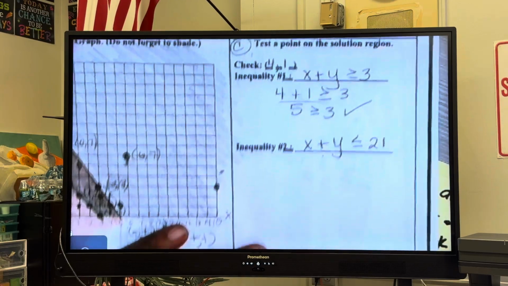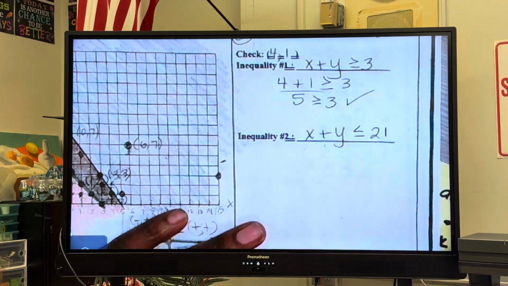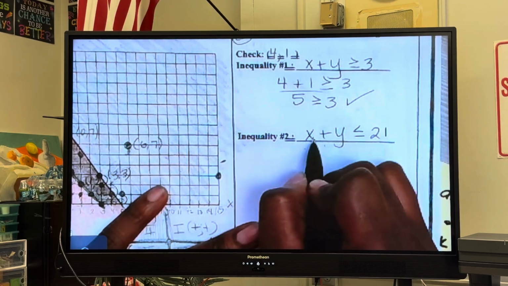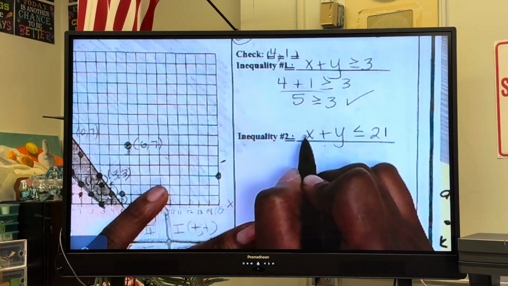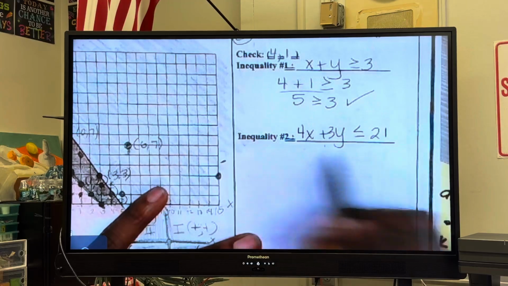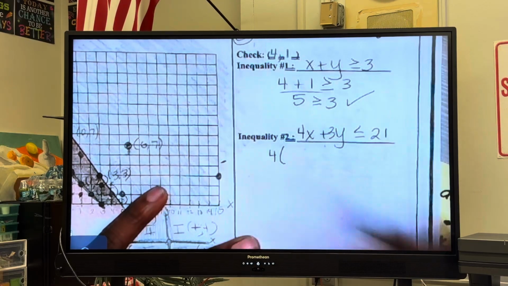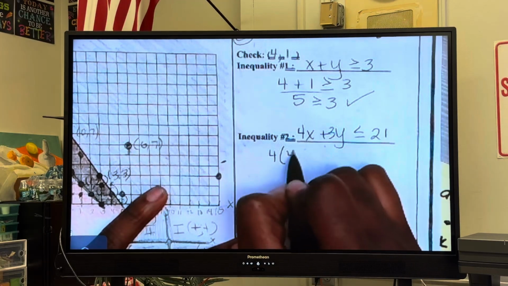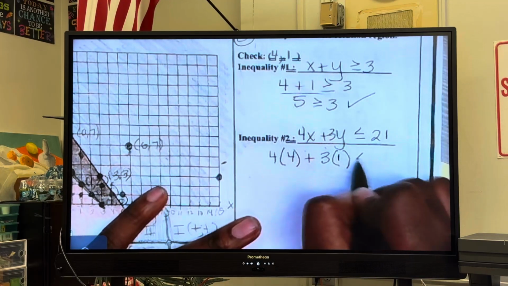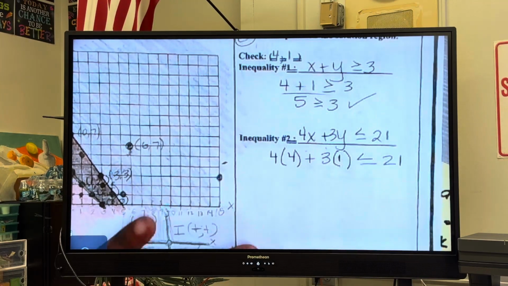All right, so let's look at this one. What do we have? What do we got? What am I going to write? Oh, I wrote the same thing twice? What else was I supposed to put? 4x plus 3y. All right, help me out. 4 times 4 plus 3 times 1 is less than or equal to 21.